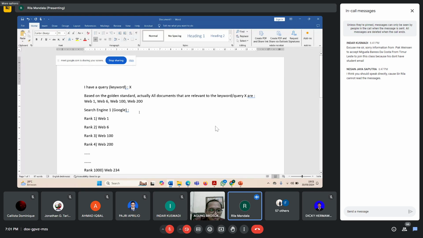Okay, so if we compute the precision, what will be the precision of Google? Precision is true positive, right? What is the true positive? 4, right? This is the positive.